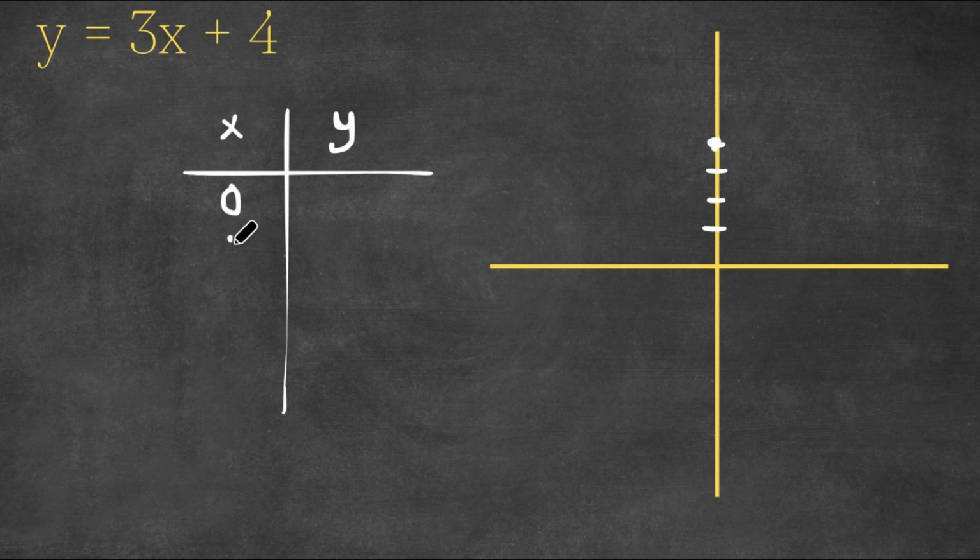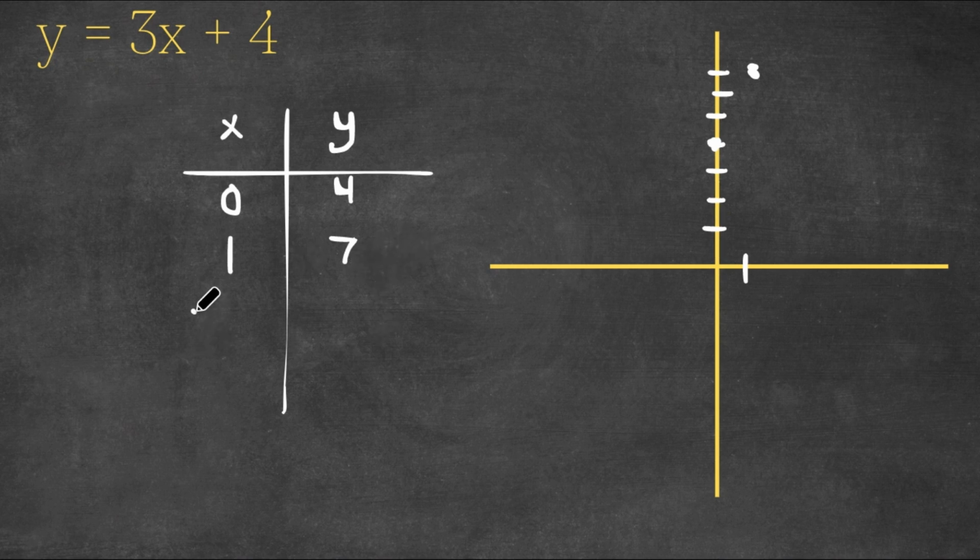Now if x is 1, y would be 7. So we have 1, 1, 2, 3, 4, 5, 6, 7, so over here. And if x is 2, then that would be 10, but that would be over the graph.